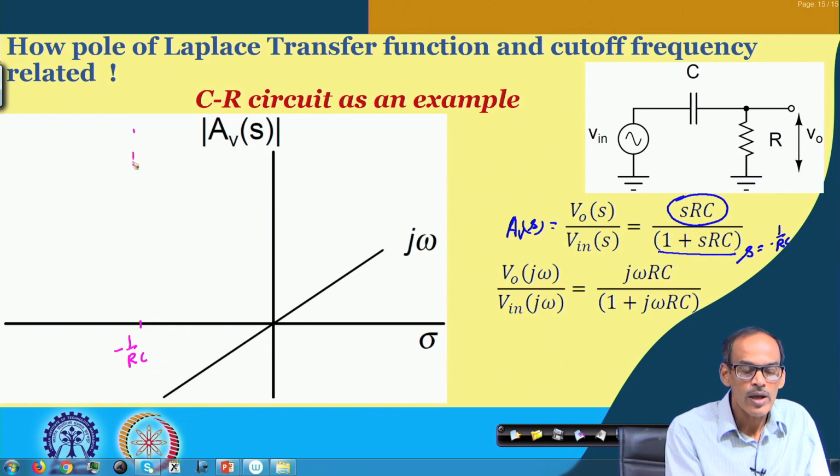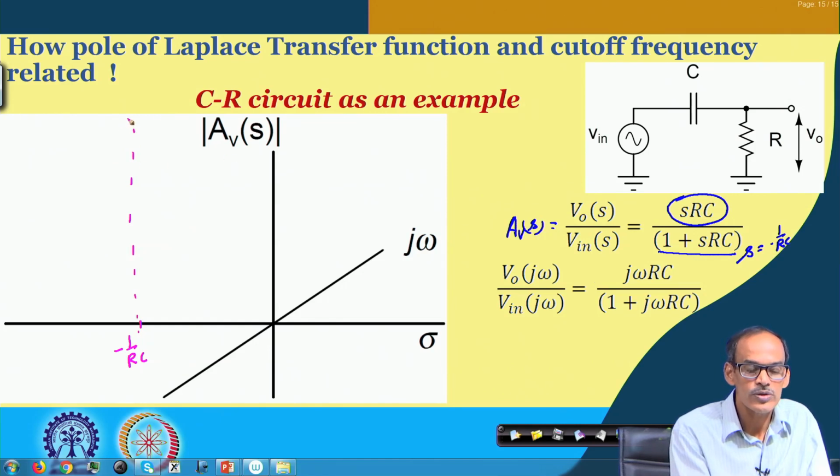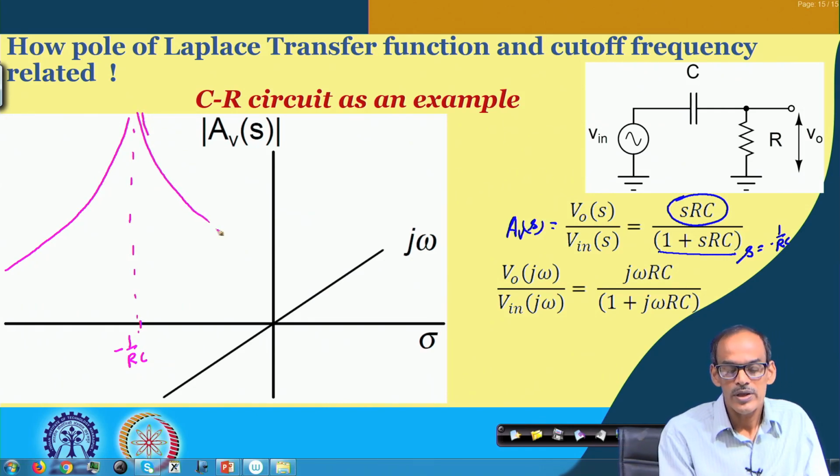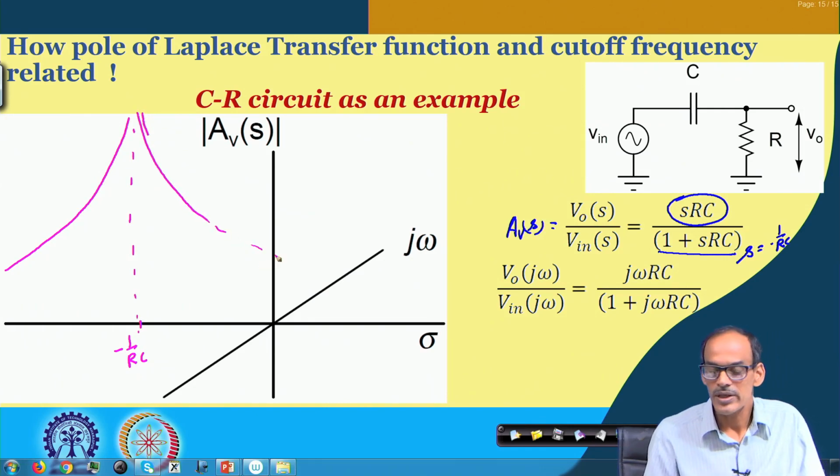So, if I am having only one pole, the surface is supposed to go to infinite at this point. But then, unlike the previous case, here it is having a 0 at this point as well. So, if it is having a 0, then of course this surface will be turned down to 0 here.